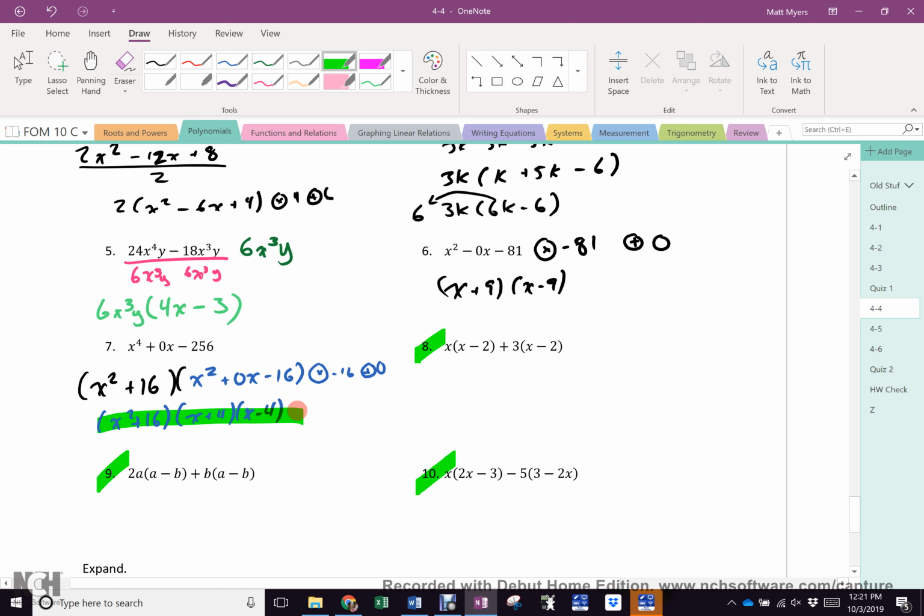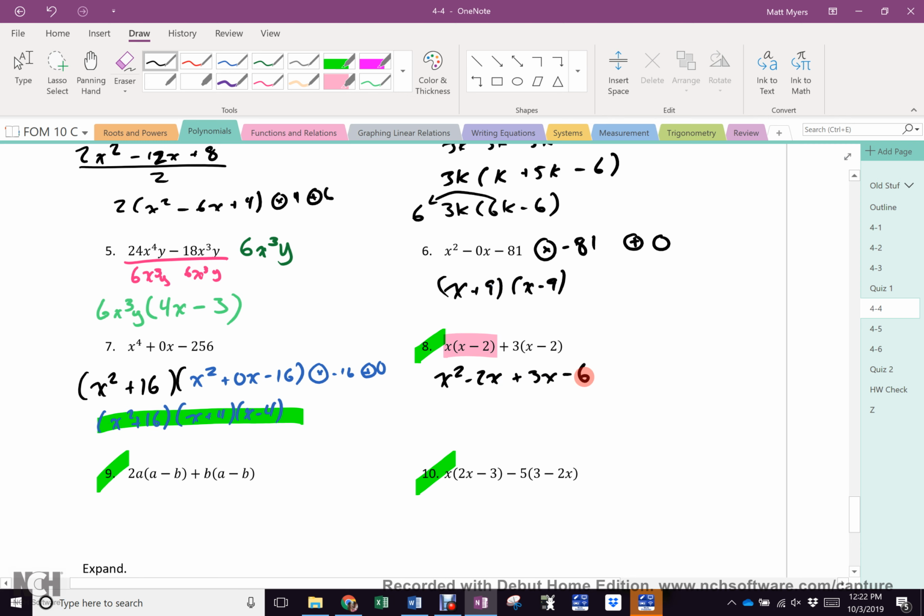Now we get to 8, 9, and 10 that are weird. And I told you, you have the tools to deal with them, right? I'm going to show you, if you even got to 8, I am betting that 90% of you saw this right here and went, oh, okay, that's x squared minus 2x. If you didn't get to here, is that what you would have done? I'm betting 90% of you would have done that. And then you would have gone here and gone plus 3x minus 6, right?